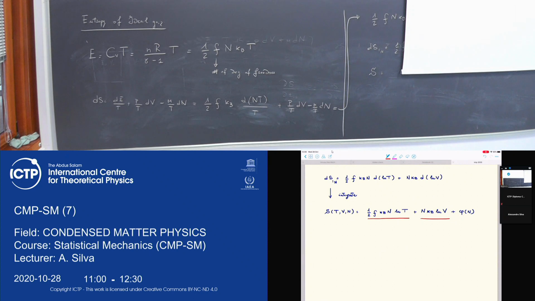Phi of n should have a term that is linear in the number of particles, scaling like volume, and then another term that cancels the log V. I can obtain that by subtracting n k Boltzmann log of n.